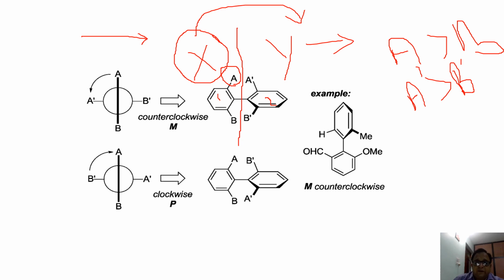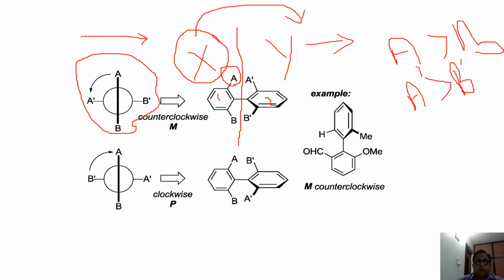So here in this case, A and A prime are at the highest priority, and this whole assignment is to be done on the Newman projection structure. A and B are in close proximity to the viewer, so they are represented by a dot, and since A prime and B prime are away from the viewer, they are represented by a circle.